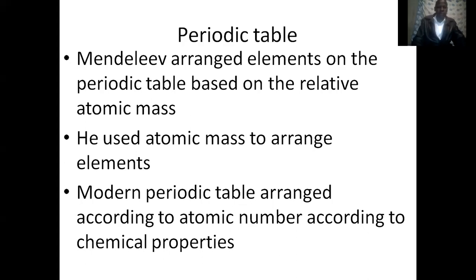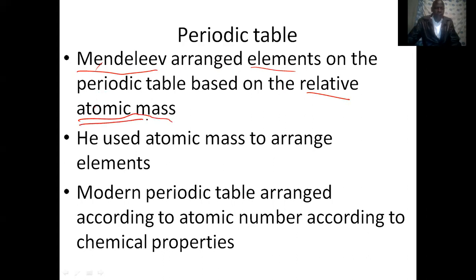Well, today, as I indicated, we are going to look at the periodic table. The periodic table was developed by a Russian by the name of Mendeleev, who arranged the elements on the periodic table using the relative atomic mass.